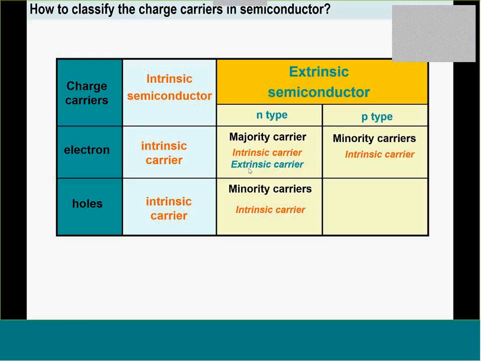Now for the p-type, the electron becomes the minority carrier and the electrons are the intrinsic carriers. And for the majority carrier, the host, it is similar to the electron in the n-type. We have both the host from the host semiconductor and the host from our acceptor elements.